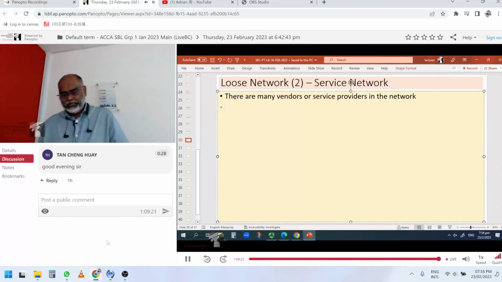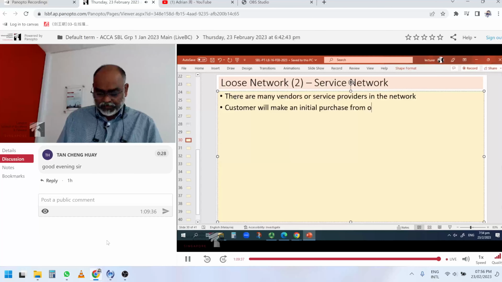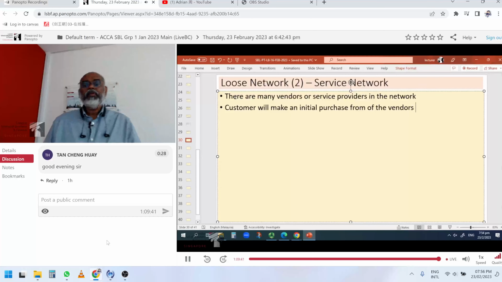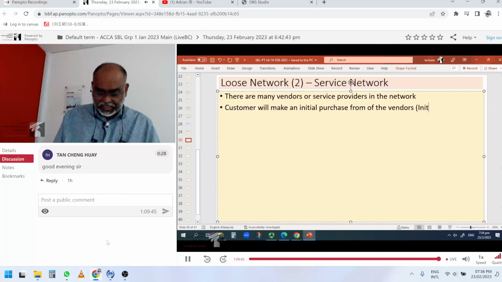Okay, so what will happen is the customer will make an initial purchase from one of the vendors. This is called the initial link.